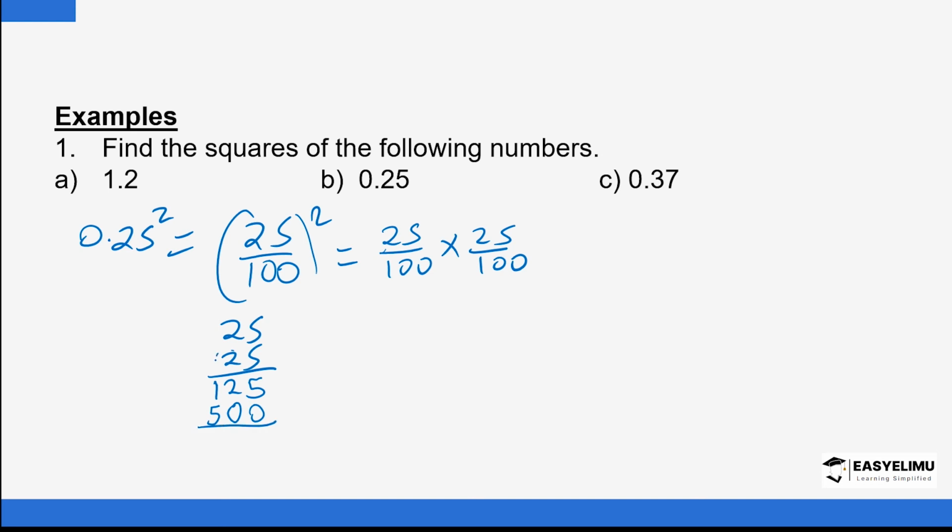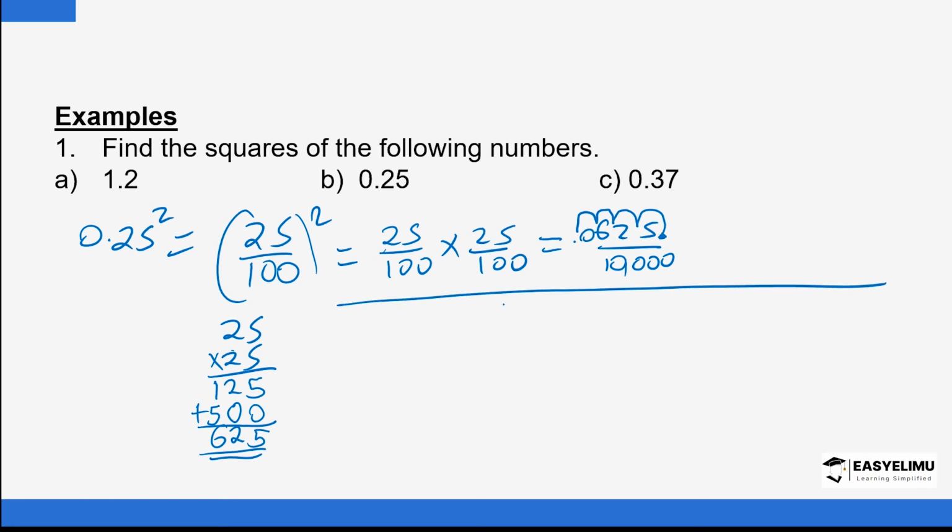So you add the two products, which is 625. And 100 by 100 is 10,000. So again, the decimal point will just shift to the left a number of steps equivalent to the number of zeros. So 1, 2, 3, 4. So there is the decimal point.